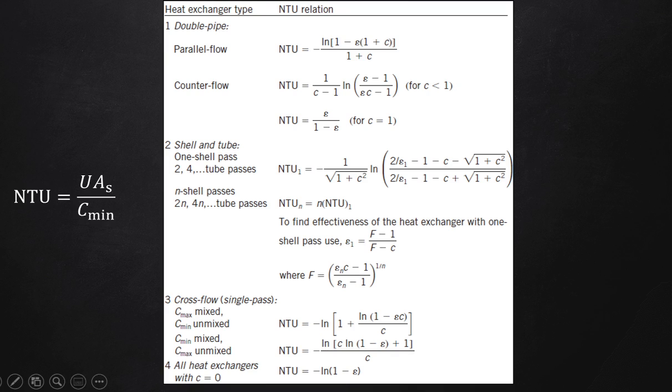Or if you know that, you can then determine the transfer area that can be expected, etc. But overall, this method is very useful if you really don't know what to expect from the heat transfer equipment. You don't know what temperatures to expect to get out, etc.